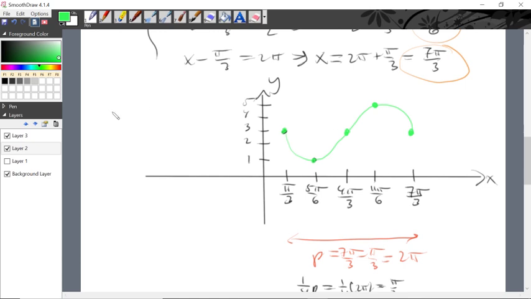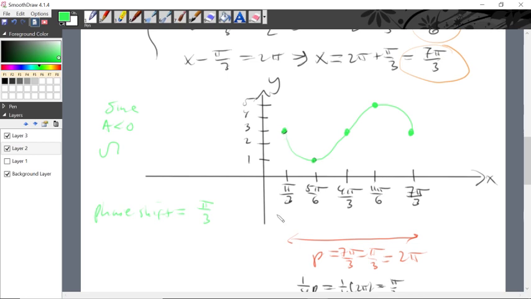This is a sine wave. The value of a was less than 0, so we had the shape like this for our cycle that we graphed. The horizontal shift, or the phase shift, was equal to pi over 3. It's how far the first quarter point is from the y-axis.